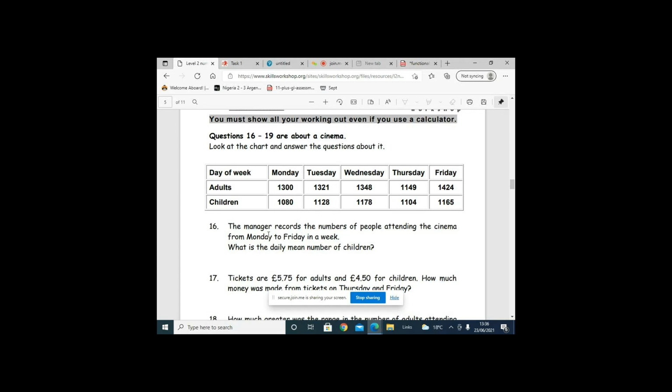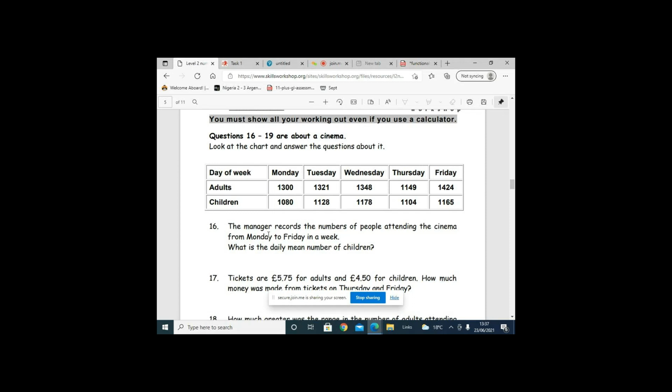I'm not asking for adults now. Oh, sorry, it's the wrong thing. Let me show it well. It's 4723. I added it all and divided it by 5.